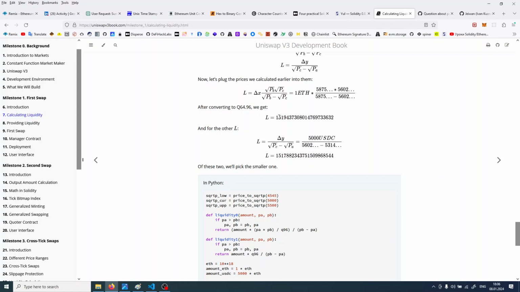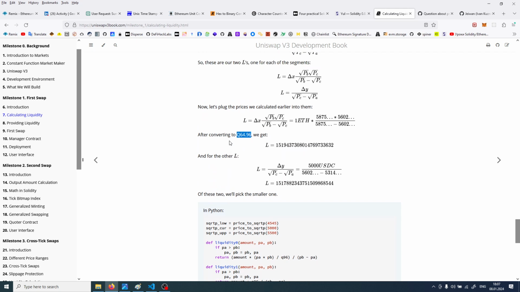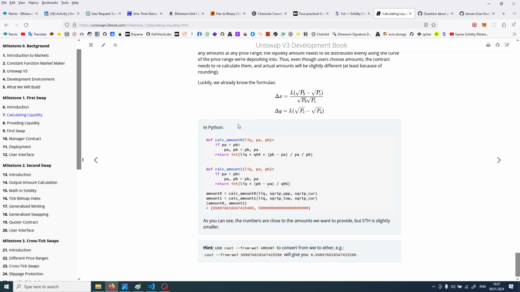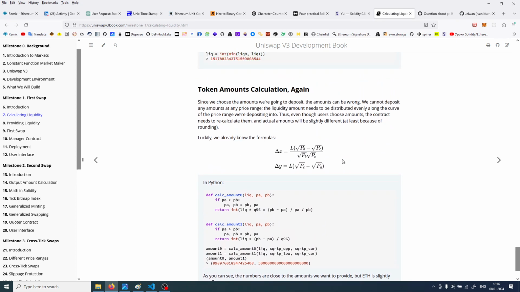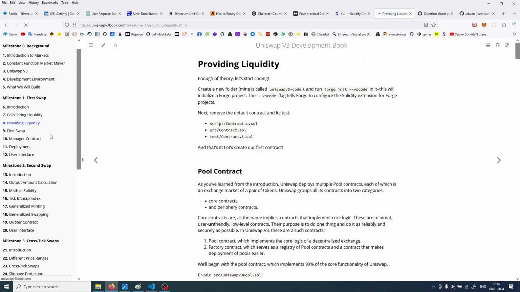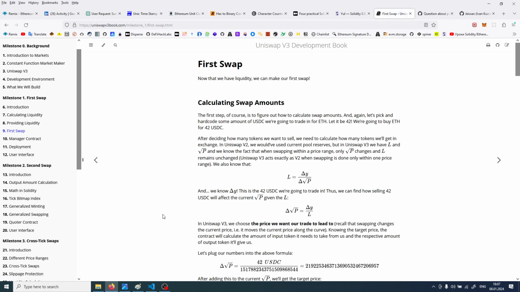From the book you can read that Uniswap v3 stores information about price in a specific format, because price has a fractional part, and recalculating token amounts. So we're done with liquidity. Let's move to the swap.